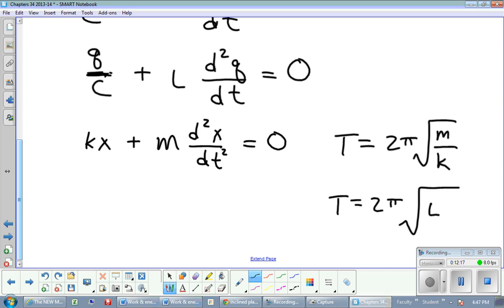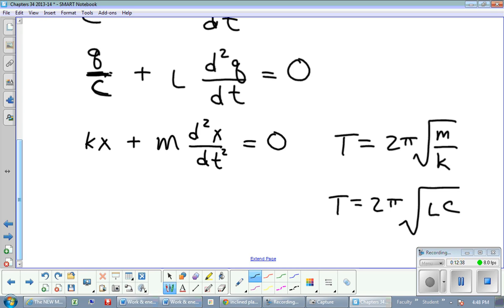What is our coefficient of our linear term here? It's 1 over c. So the period is 2 pi radical LC. So there's a formula you can use just by kind of a one-to-one substitution using electrical symbols in place of mechanical symbols.